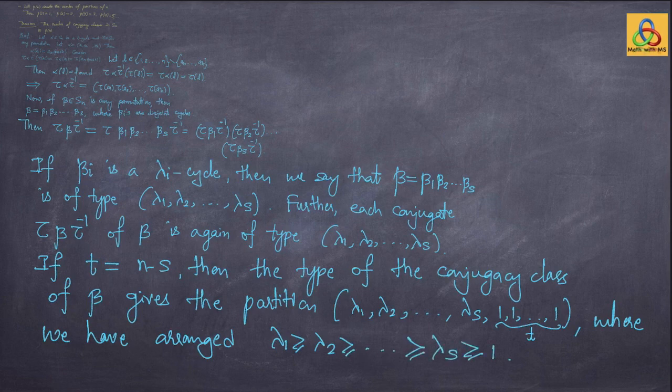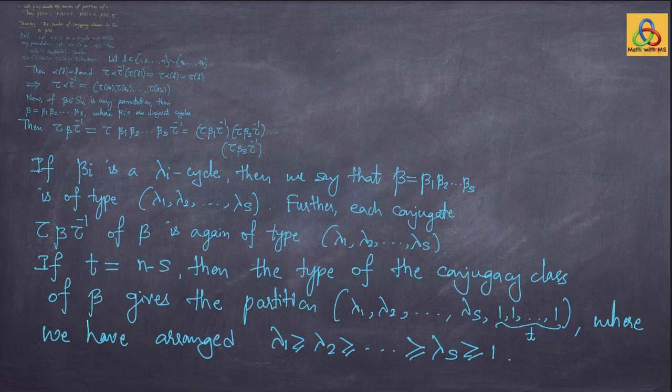Because beta is a product of disjoint cycles beta 1 to beta s, they commute, so we can always arrange them in decreasing order of the length of the cycles. Thus we have shown that if beta is of type lambda 1 to lambda s, then any conjugate of beta is also of type lambda 1 to lambda s.